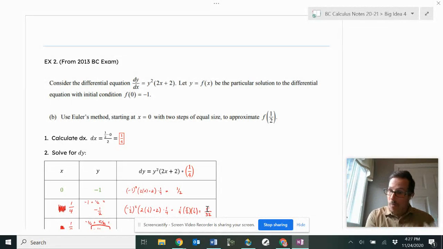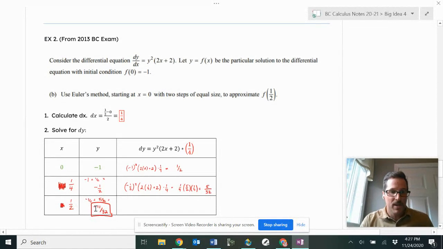So we add 1/4 to the x column and 5/32 to the y column, and we end up at -11/32. What is the approximation for f of 1/2? It's -11/32. Done. There's Euler's method.